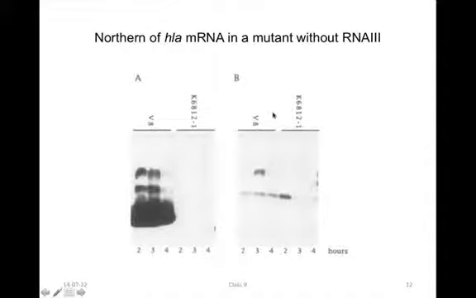Next, they're looking at the HLA mRNA in a mutant without RNase 3. K6812-1 is without RNase 3, and if you probe for HLA, nothing.